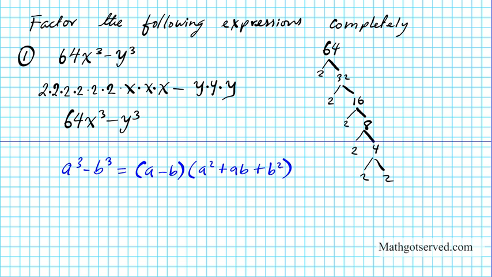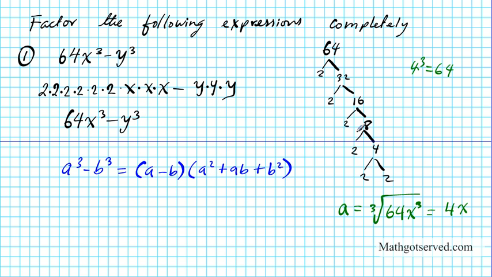Let's figure that out on the side here. To find a, I'll take the cube root of the first term, 64x to the third. What is the cube root of 64x to the third? We can do it mentally: if you remember that 4 to the third is 64, you can have 4x. Or you can look at our decomposition here.